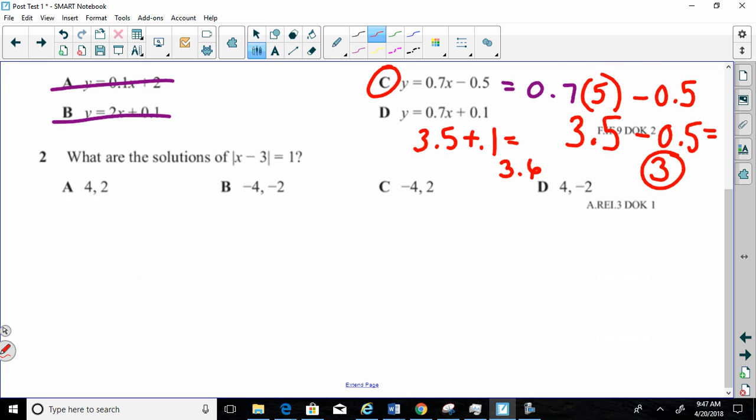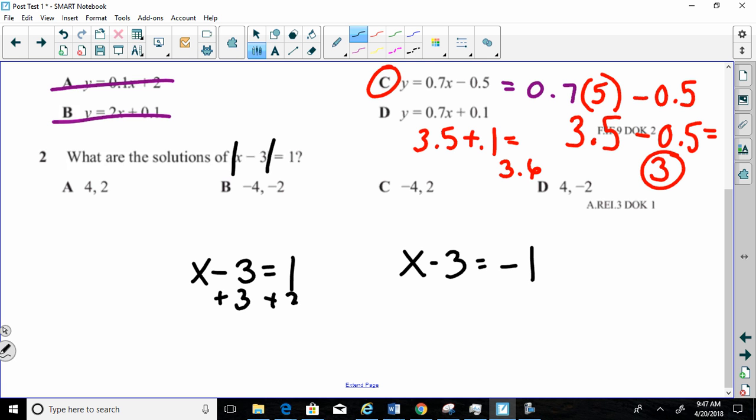So what do these lines mean right here? Absolute value. That means no matter what is in that answer, make it look positive, right? So I know in that answer, I want to either get 1. What else could I get? Negative 1, because those lines just mean make it positive. So I'm going to figure out what could get me 1 and what could get me negative 1. How do I get x by itself? Add 3.